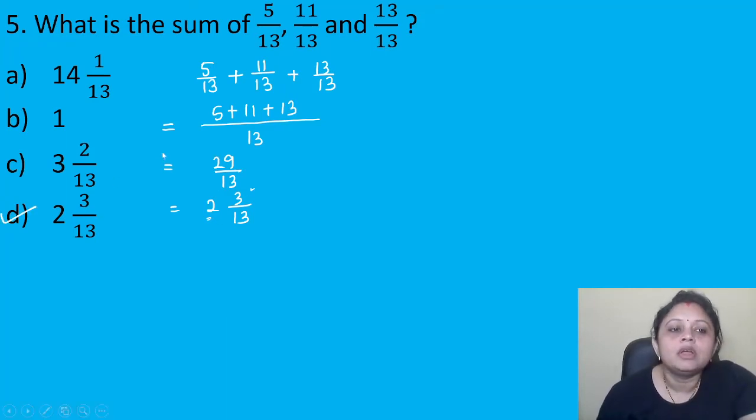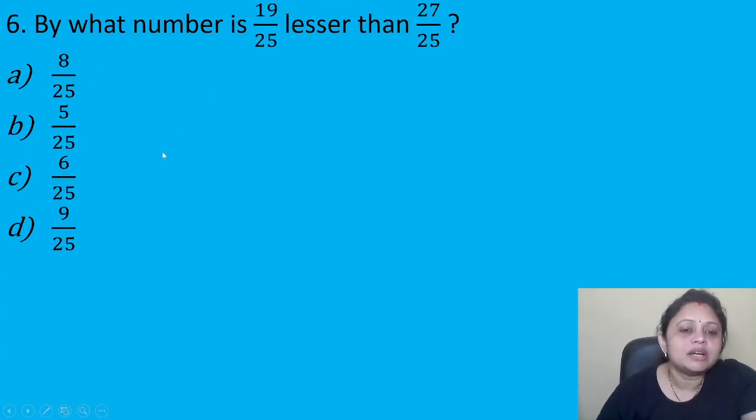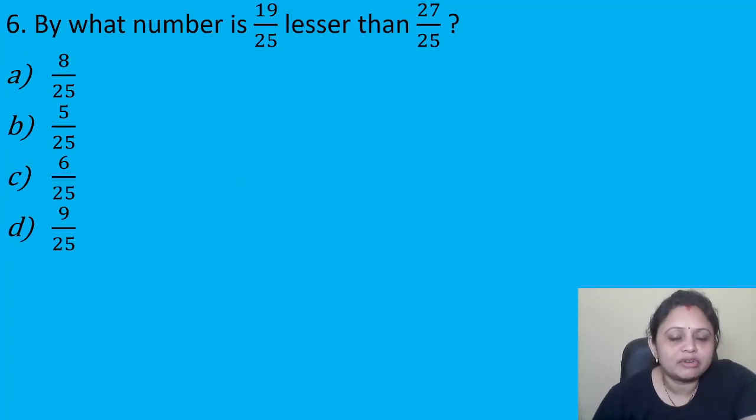Got it? Coming to the next question, by what number is 19 by 25 lesser than 27 by 25? Option A 8 by 25, B 5 by 25, C 6 by 25, D 9 by 25.